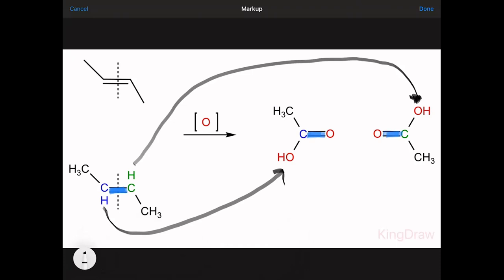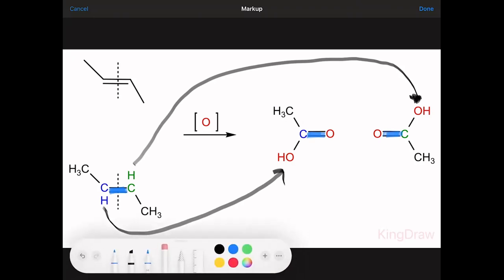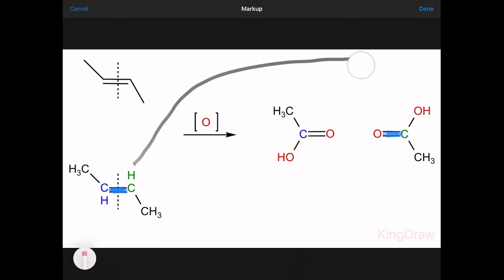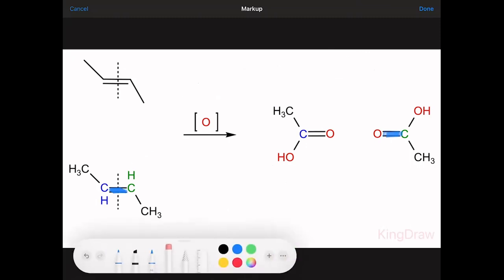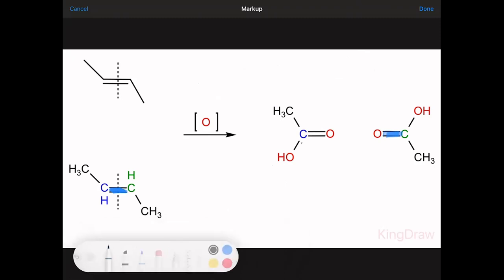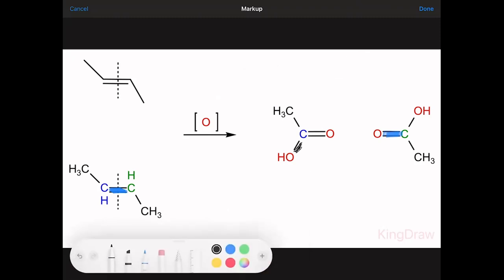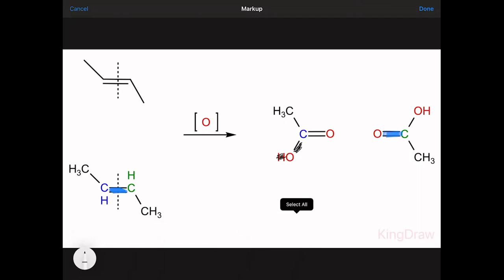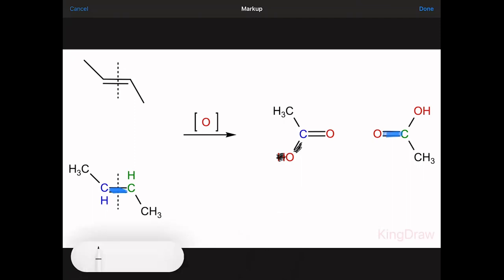Cool. Would it be possible to add another double bond O to that carbon? Would it be possible to add over here a double bond oxygen and get rid of this hydrogen? Would that be possible like that?